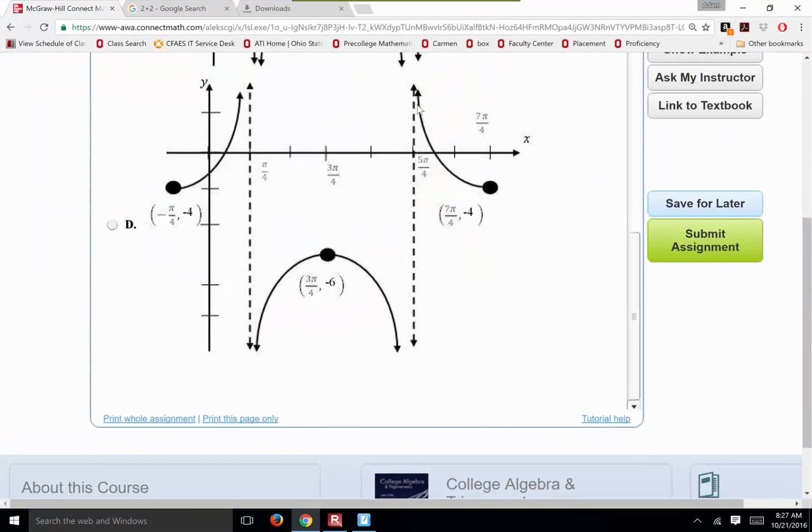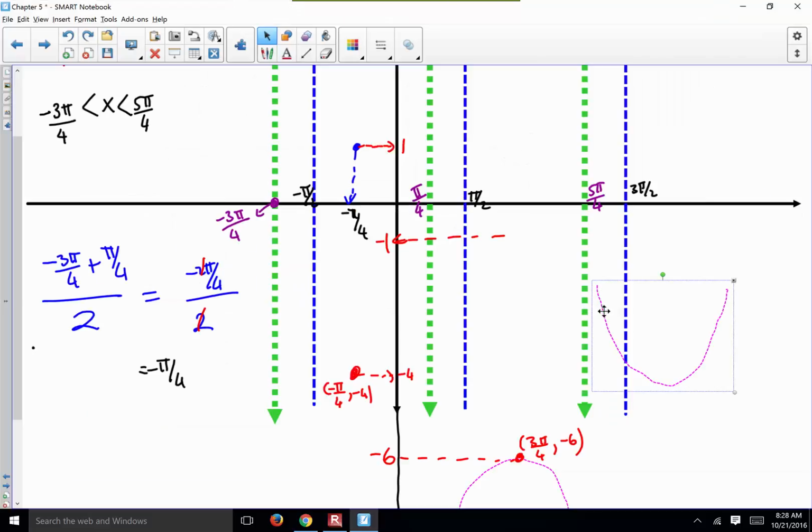So yeah, it seems like this is the right option, right? Do you all agree? It looks like mine is not extending all the way up, but no, this guy will go up quickly. It's going to go very parallel to this. So it's going to make a shape like this.